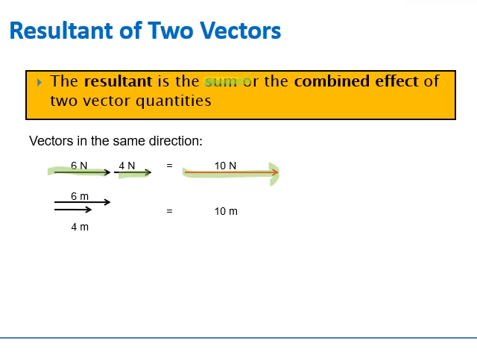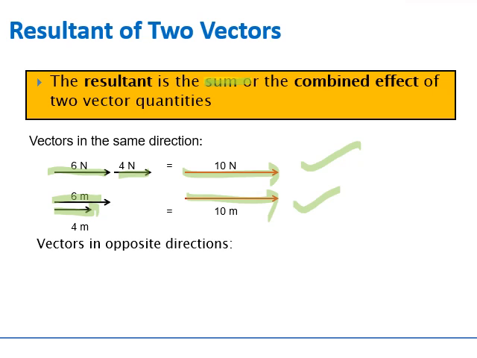So this can be the case for the same direction vectors. So if you have two displacements 6 meter and 4 meter, and they are also in the same direction, you will get the resultant 10 meter in the same direction like this.